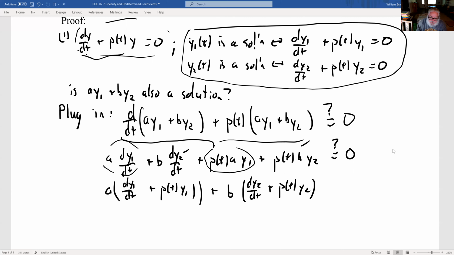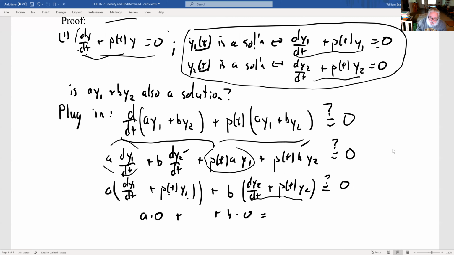That's this term and this term. And what does that actually equal? Well, we hope that equals 0, but what do we know about dy1/dt plus p(t)y1? y1 is a solution, so this equals 0. So this is a times 0. y2 is a solution, so all of this equals 0. That, of course, equals 0. Is that equal to 0?